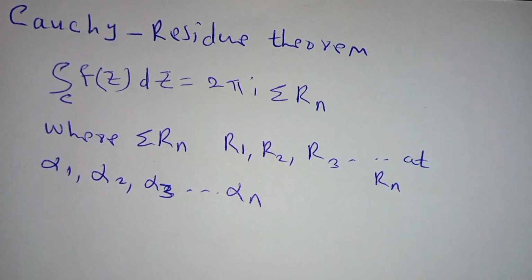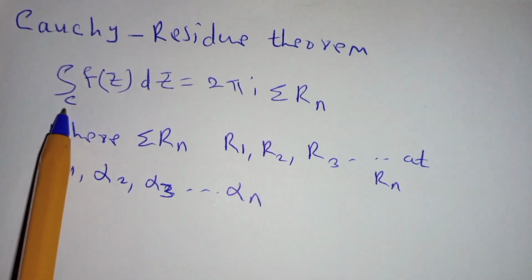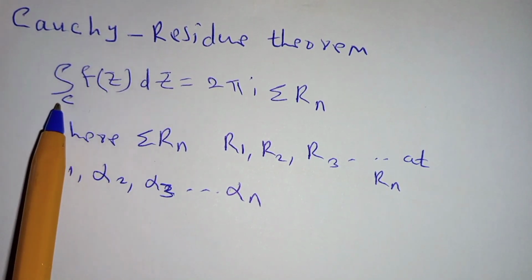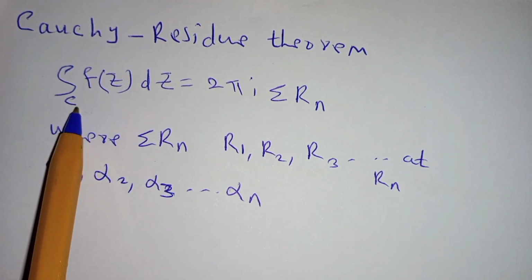Now, C is the circle, and the pole could be inside, on, or outside.